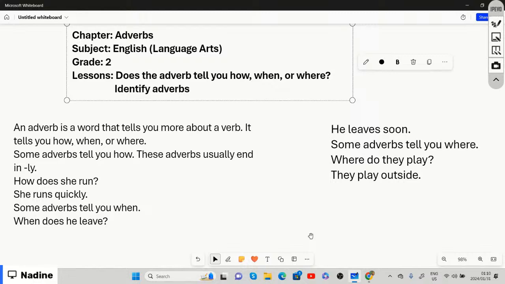One of our lessons on adverbs is: does the adverb tell you how, when, or where? And we're going to identify adverbs.